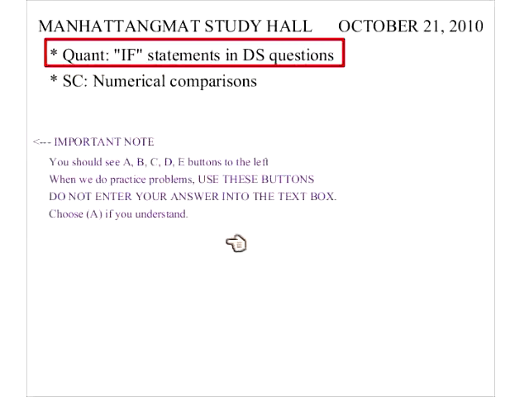Pick choice A in those buttons if you understand what we're talking about. There are a lot of people who are not picking it. Okay, again, you should see 5 answer choices over here. We're not looking for smiley faces right now. I want to make sure you guys know where the multiple choice answers are located. So there should be an A, B, C, D, E.